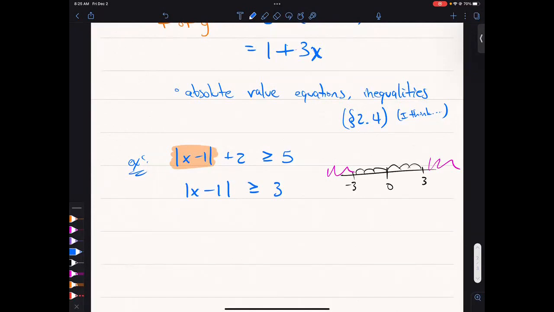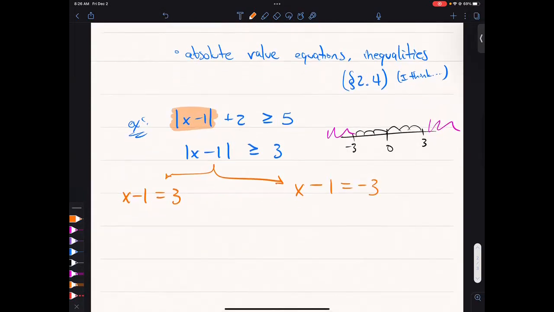So what we do to sort of split that up is to say, okay, well, x minus 1 is either 3 or negative 3, which means here that x is 4 and here that x is negative 2.